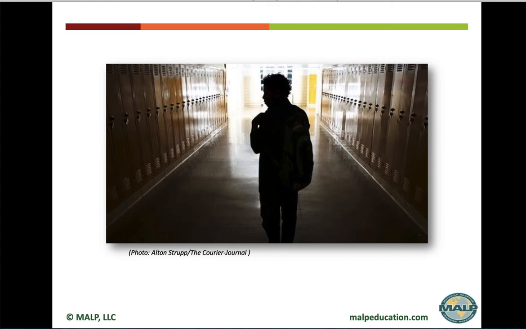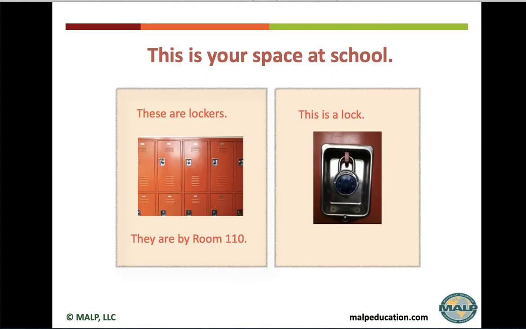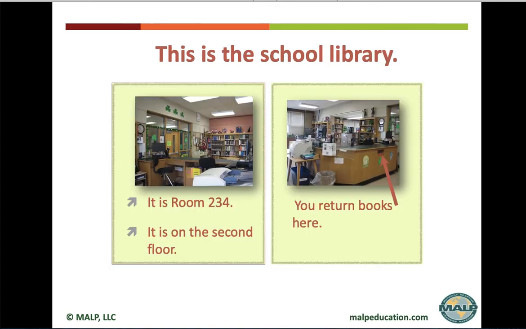And so what is their priority? Remember, we're looking for priorities. Priority might be, where's my space? Well, this is their space. They get a locker, and they can lock it, and that's their personal space. So this is very important for them. And then, what's important for us, of course, is the library and literacy.